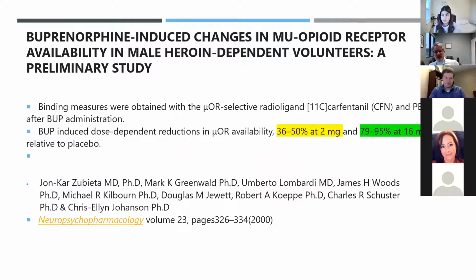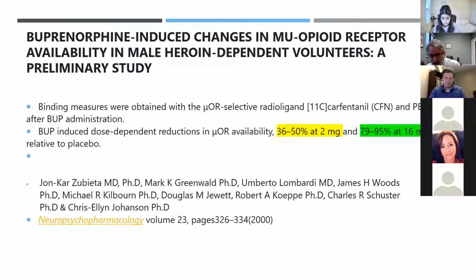Now this slide is about a study looking at the mu-opiate receptor occupancy. What I'm talking about is, at various doses, what percentage of mu-opiate receptors are occupied by the buprenorphine. What they did is PET scans, and they radio-labeled carfentanil.